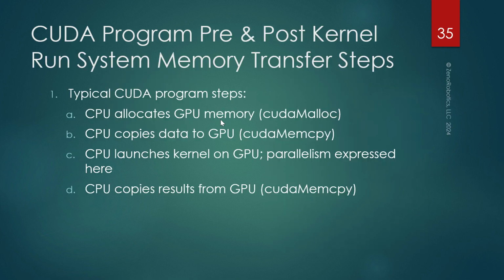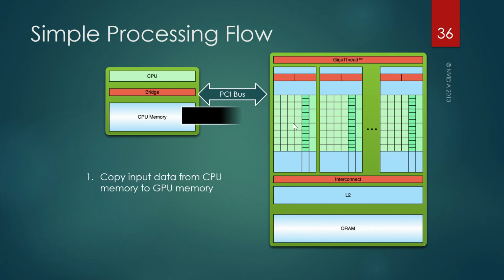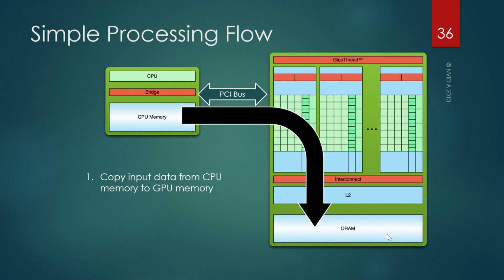Rather than go through all that, I'll just explain quickly: you have your host computer and you start allocating memory space, initializing it with whatever data you want to transfer over the PCI Express bus. Then you tell the data to transfer over with a special call, and that gets sent to the external DRAM on the GPU.